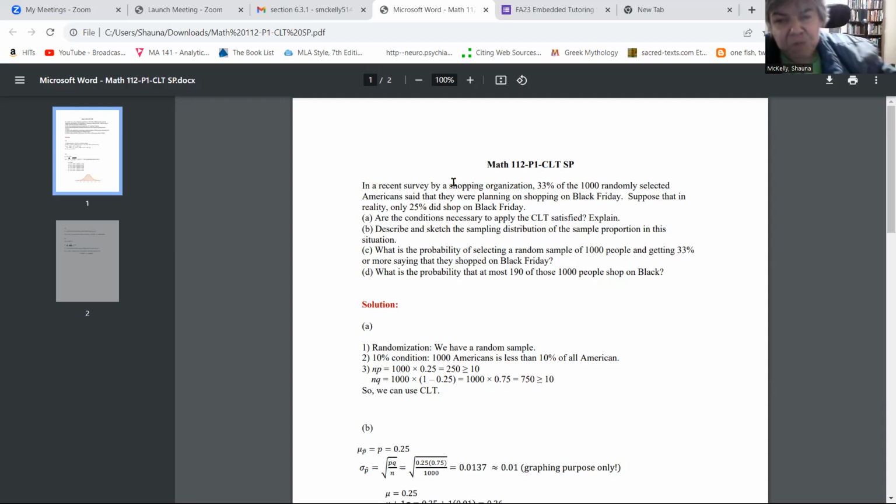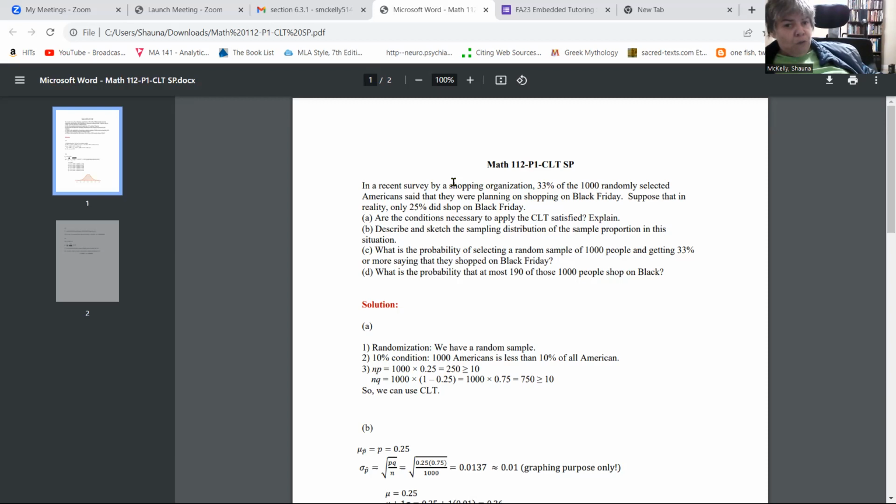They're surveying Americans, more than likely in a particular metropolitan area or areas. We don't know exactly what their sample was, but is it likely that their population, their entire group of people that they were pulling from, is larger than 10 times 1,000 people? Because remember, it's 10 times whatever your sample size is.